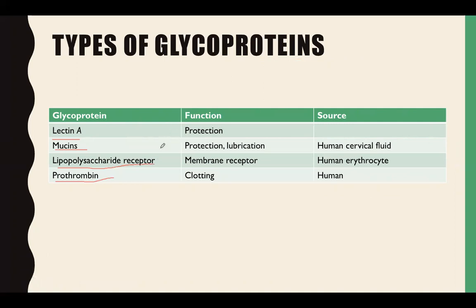Lectin is for protection, mucin is for protection and lubrication, lipopolysaccharide receptor is the membrane receptor, and thrombin is for clotting. So essentially what this tells you is that glycoproteins are used for cell-to-cell recognition, but they also have different functions, such as protection, clotting, and lubrication.